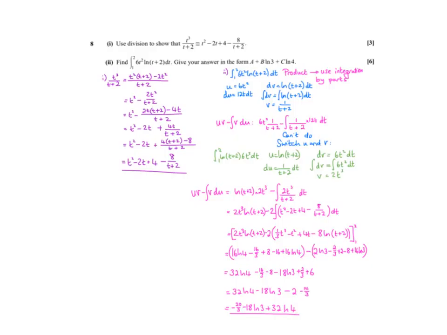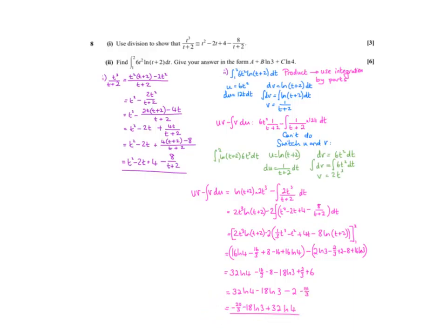Take away, put 1 in, 2 ln 3, minus 2/3 times 1, plus 2 times 1 squared, minus 8 times 1, plus 16 ln 3. Type that in very, very carefully, and you get this as your final answer.